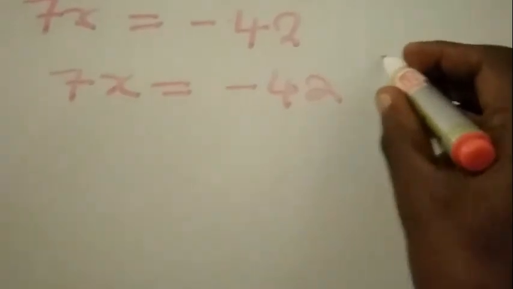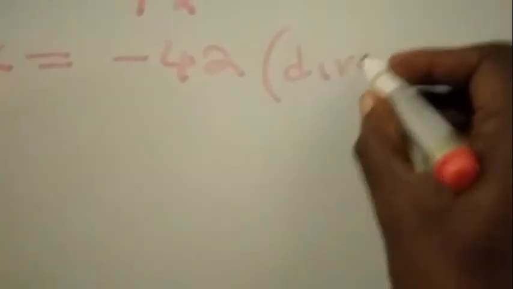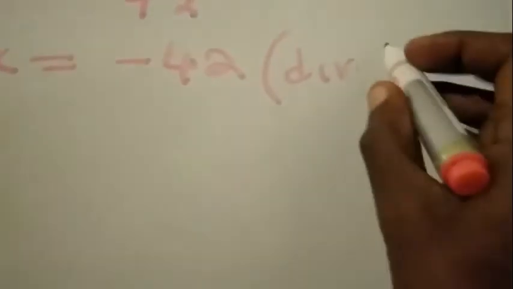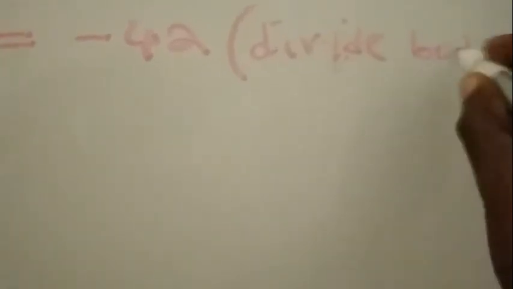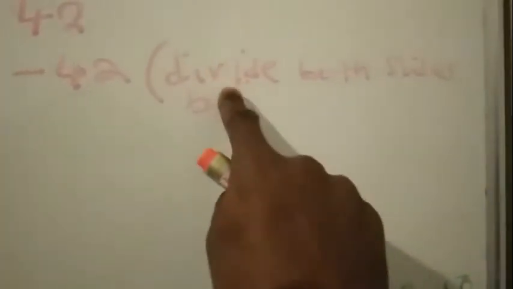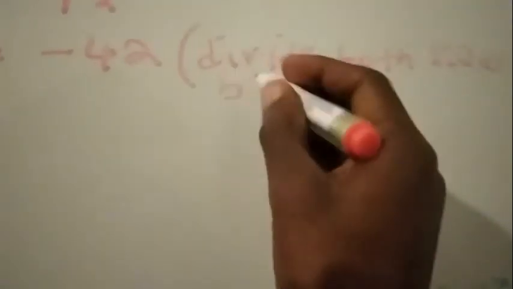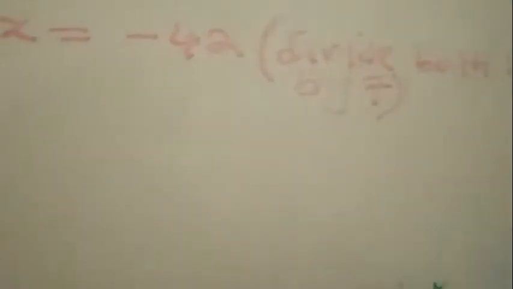So what do you do? Divide both sides by 7.